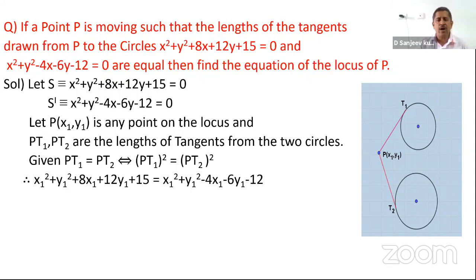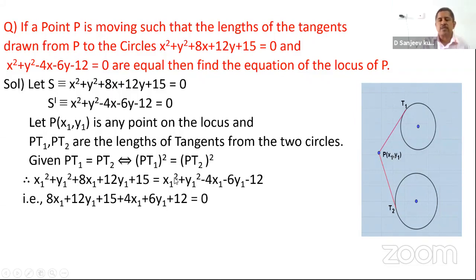Bring everything to one side. Because you got x1 square and x1 square, they get cancelled on both sides, and y1 square gets cancelled off. So there is no x1 square, there is no y1 square. This minus 4 comes to the other side as plus 4, this minus 6 comes to the other side as plus 6, and minus 12 as plus 12.